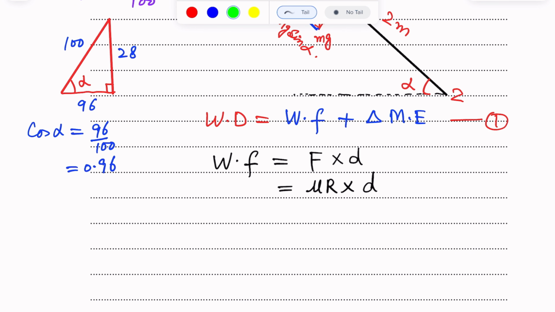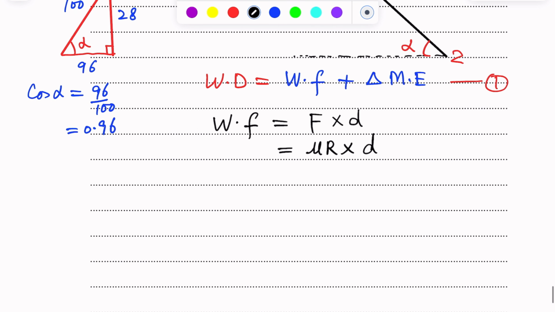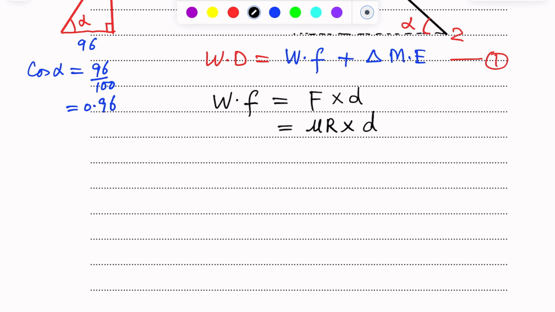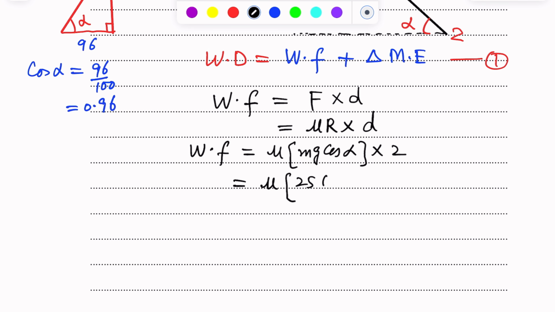So this becomes Wf = mu times mg cos alpha times d. D is given, that is 2. Putting the values, mu mg cos alpha means 25 into 10 into the value of cos alpha.